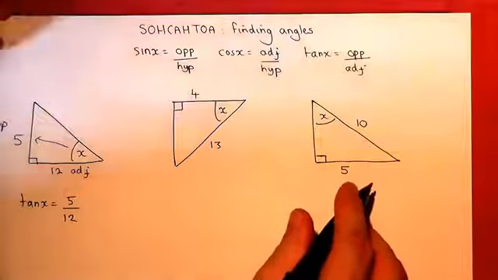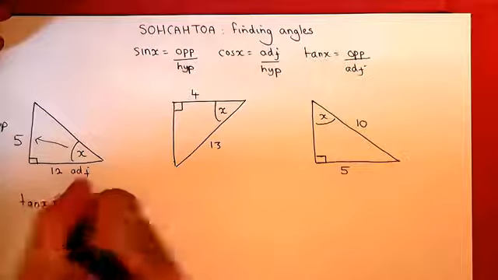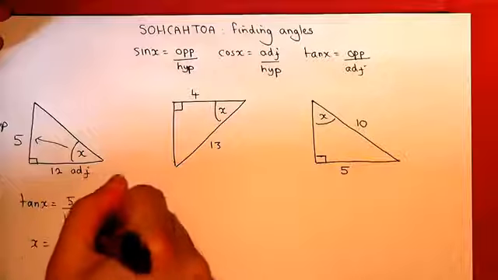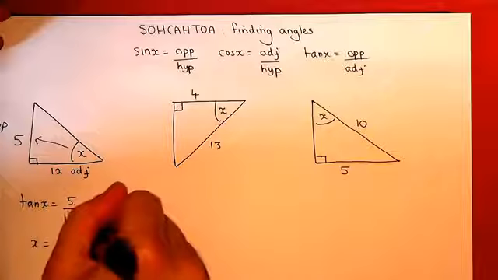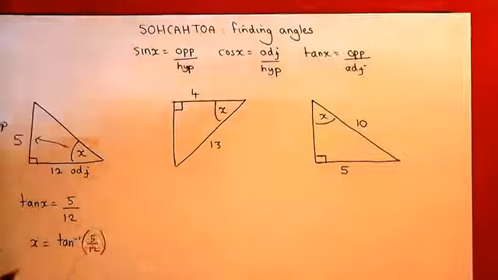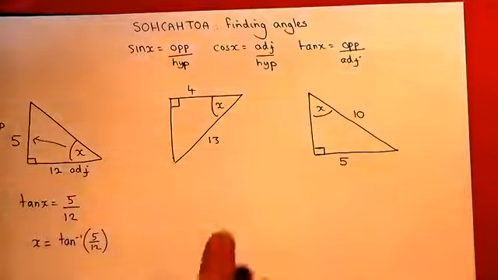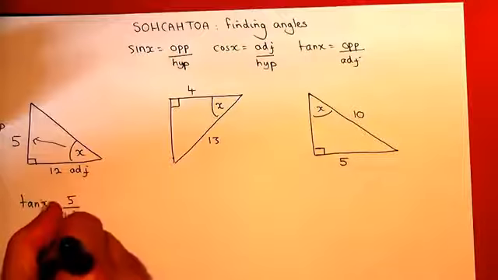Then to find out x, we have to do the inverse tangent function, or shift tan on the calculator, or inverse tan. So it's inverse tan of 5/12. So we put that into our calculator and we get the answer, which is 22.6 degrees.